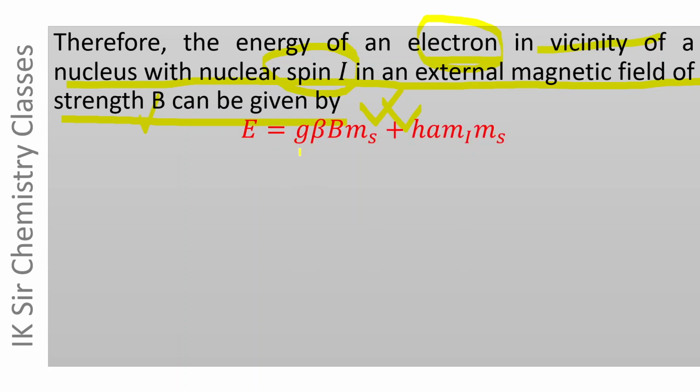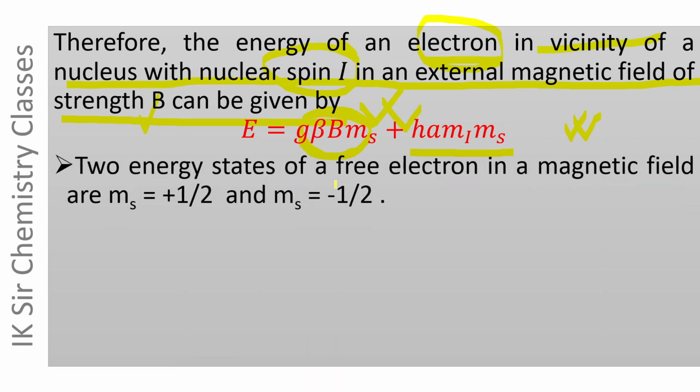E is equal to g beta B ms. This is the energy of an electron in a magnetic field if it is in the free state, not in the vicinity of any nucleus, and this term has been added due to the magnetic field experienced by the spinning proton, plus h a mI ms.